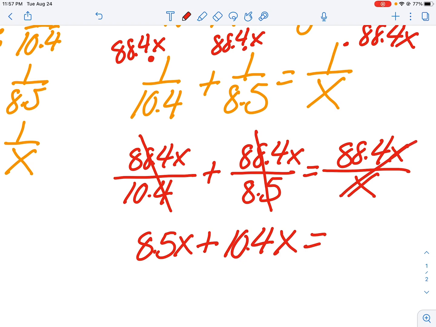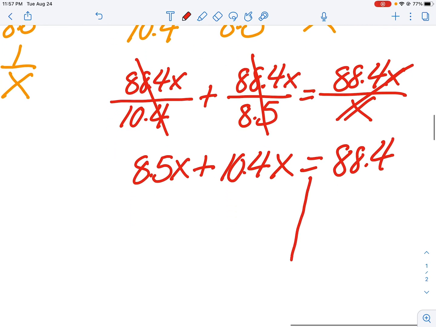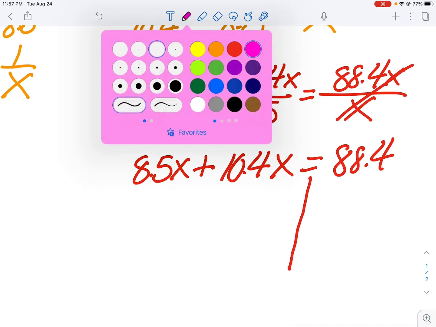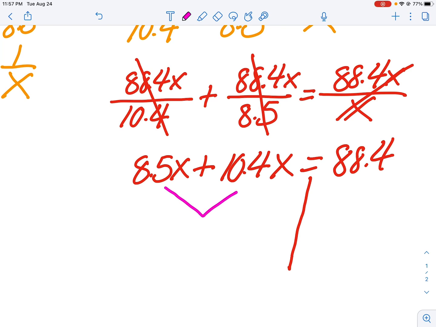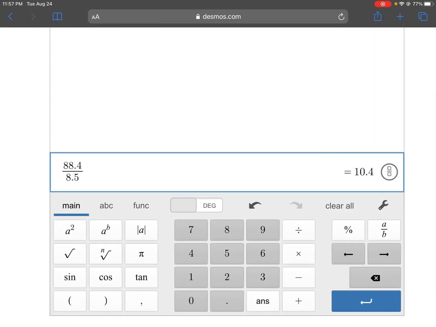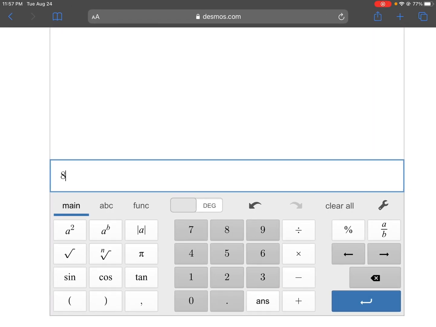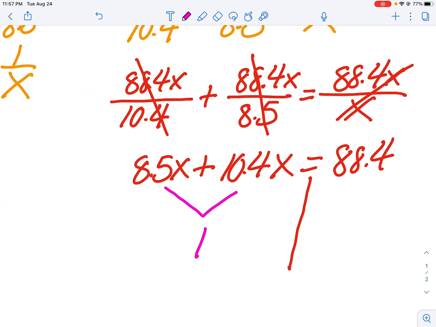And here, what cancels is the x's. So just 88.4 comes down. And here, I've created an equation, and we know that these are like terms. So 8.5 plus 10.4 is equal to 18.9, kiddos. 18.9x, I bring down my 88.4.